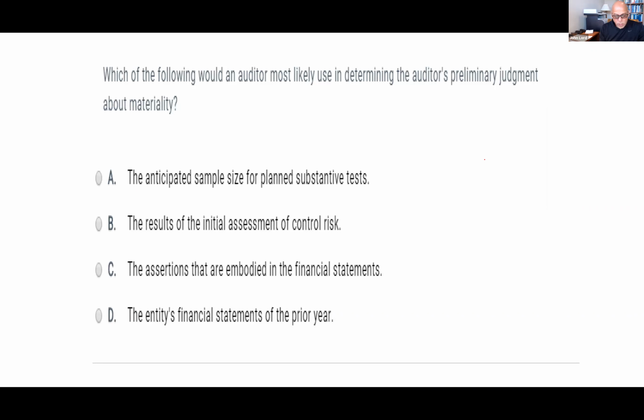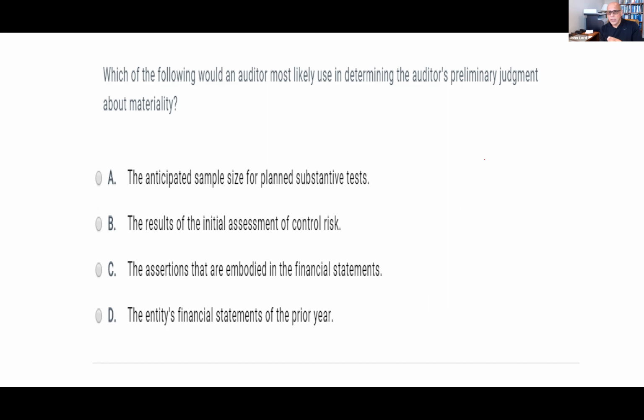Which of the following would an auditor most likely use in determining the auditor's preliminary judgment about materiality? By preliminary judgment, we set the materiality levels in the planning phase of the audit. But as we go along and start to discover misstatements, we might want to change that materiality level.